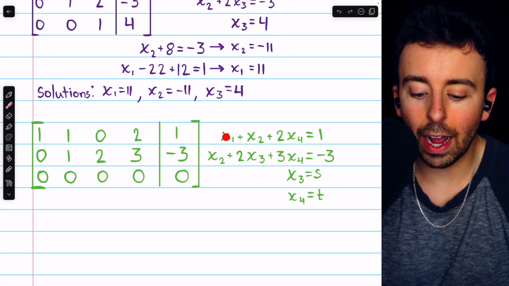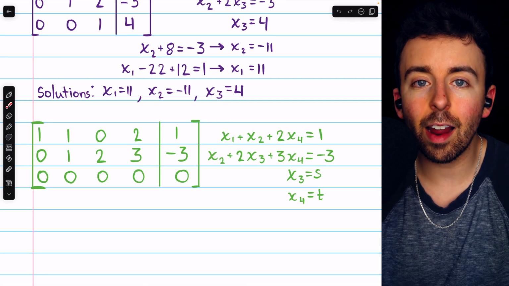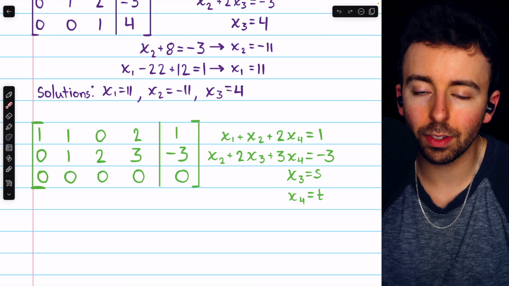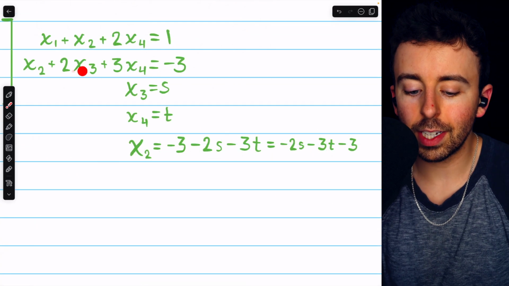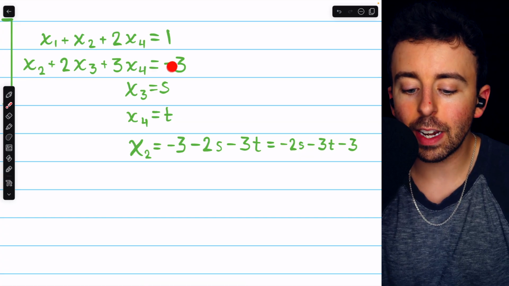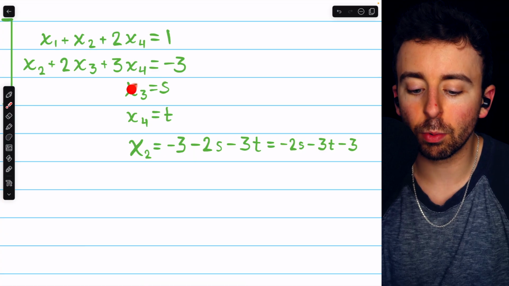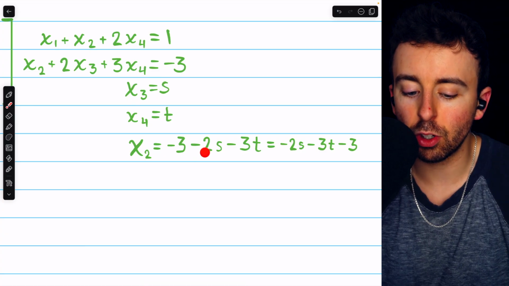Then we can solve for x1 and x2 in these two equations and express them entirely in terms of these parameters, s and t. First, taking this equation and solving for x2, we would have negative 3 minus 2x3, but x3 is s, so that's minus 2s.